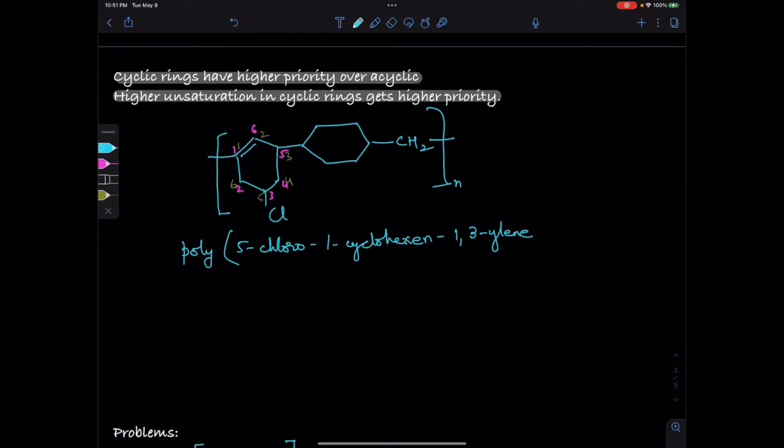So 1,3-ylene shows that the bridge is in the 1,3 position, followed by, let's number this, 1, 2, 3, 4. So it's either way, it's going to be 1, 4. So that would be 1, 4 cyclohexylene followed by methylene.